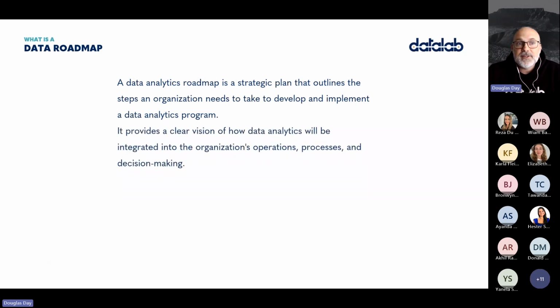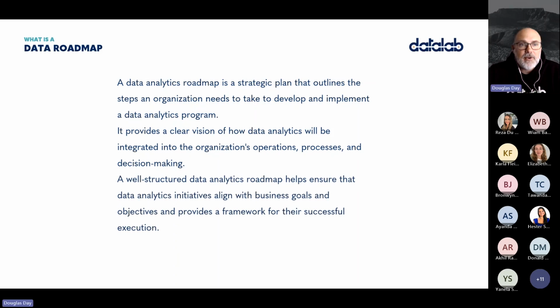It provides a clear vision of how data analytics will be integrated into the organization's operations, processes, and decision-making. And a well-structured data analytics roadmap helps you ensure that data analytics initiatives align with business goals and objectives and provides a framework for their successful execution.